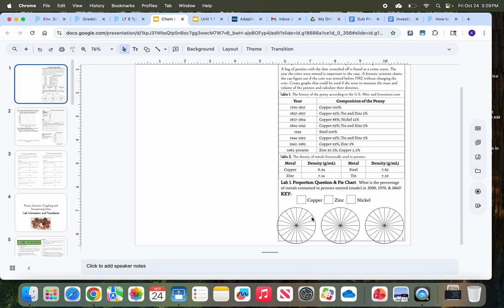So you'll want to label one of the pie charts as 2000, one of them will be 1970, and the other one will be 1860. So make sure you label the years for each pie chart. And then you will use your different colors to fill in the percentages in the pie charts. The easiest way to do it is to fill in the pie that is the smallest percentage first, and then you can fill in the rest.